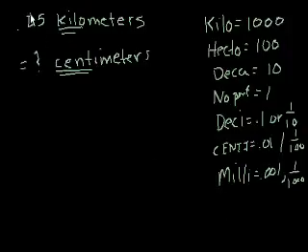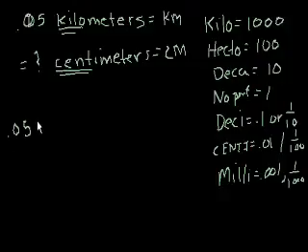So let's go back to the problem. If I have 0.05 kilometers, how many centimeters do I have? Whenever I do a problem like this, I like to convert my number to meters, because that's very easy for me. I'm going to abbreviate this as km, and centimeters as cm. So let's say 0.05 km.